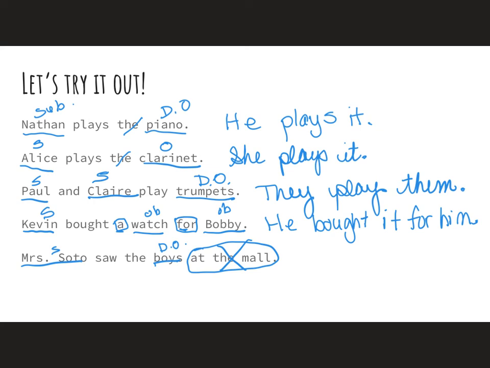Mrs. Soto is singular. She saw who? The boys. Boys is plural. So she saw them. Notice you have a singular and a plural all in one sentence. Just because one is singular doesn't mean the entire sentence is singular.